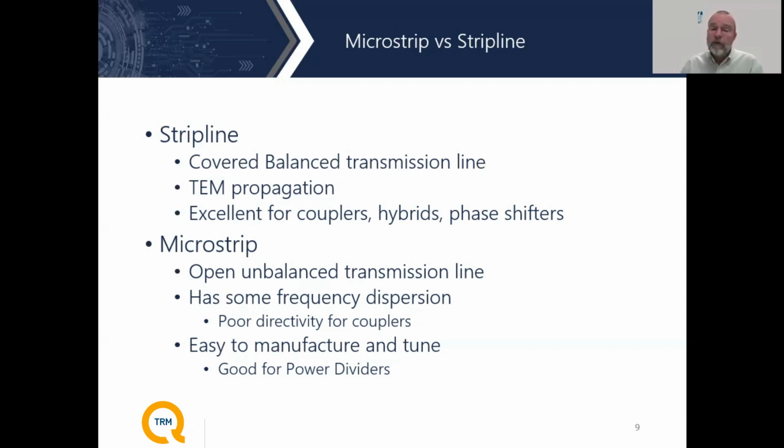So why is strip line better for couplers than microstrip? It has to do with, say we're building a directional coupler, and we need to make sure that we have good directivity for that directional coupler. What needs to happen is that the energy being coupled across, there's a cross coupling that happens there, needs to be phase canceled with the return energy on the main line.